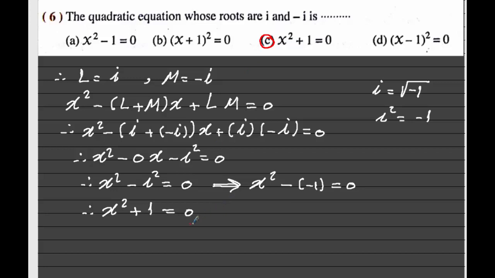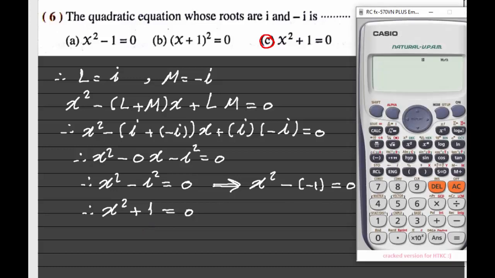And you can check the solution using the calculator. Back to the calculator here, and we will solve quickly, of course, this equation as a quadratic equation. So we press MODE 5 and 3.